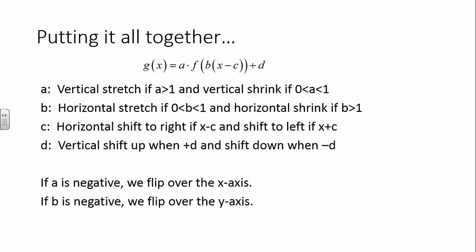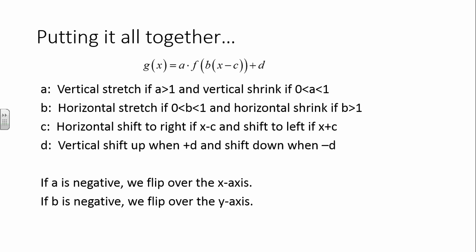Okay, so here, putting it all together, I decided just to make the most complicated equation possible. It doesn't get any worse than this. If you're looking at the equation this way, and you know what the a, b, c, and d do, then you can handle whatever kind of stretches, shrinks, flips, shifts, whatever.